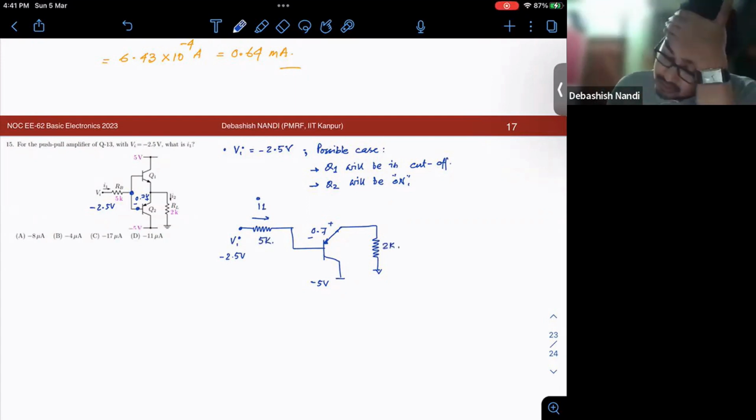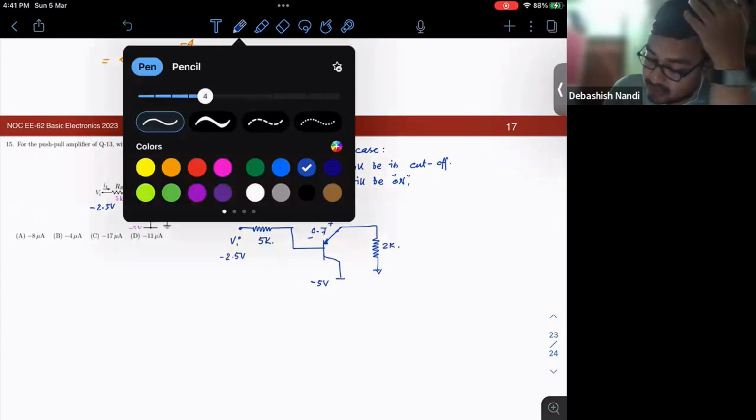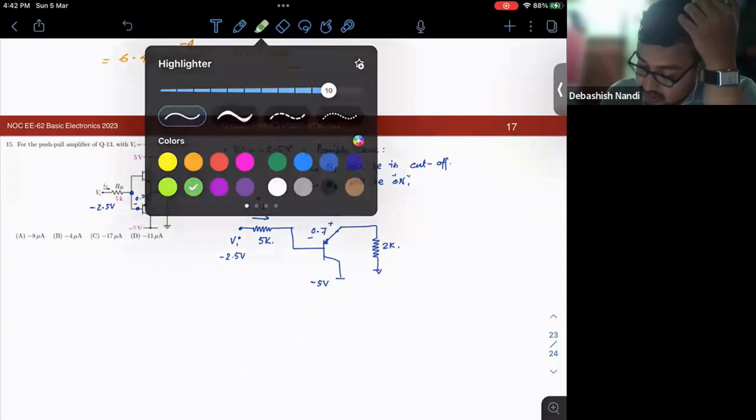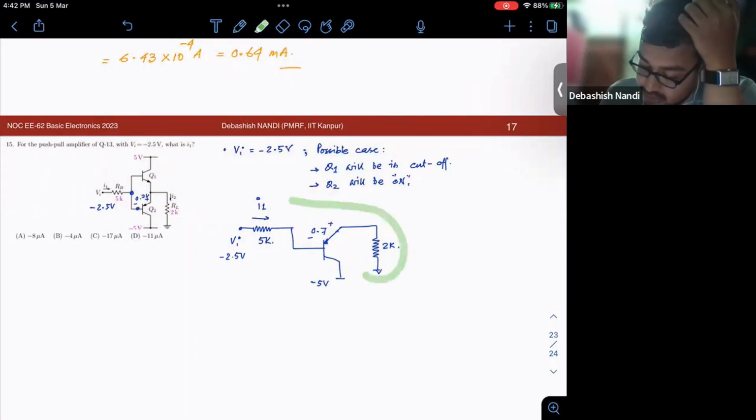So what is the input loop this time? My input loop is this.